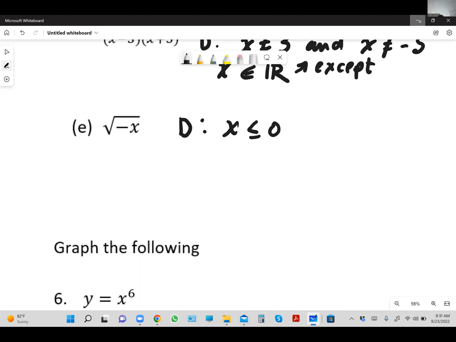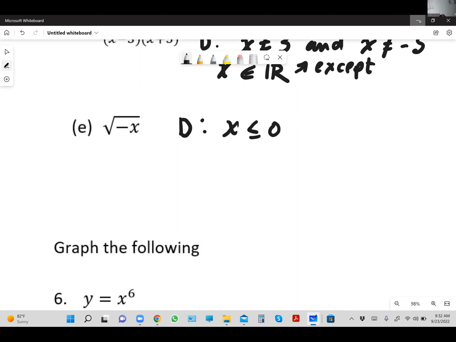But when I put a negative, it becomes a positive. You're going to get a positive number. So can I put a negative number in there? We're going to say x less than 0. Do you see it, guys?